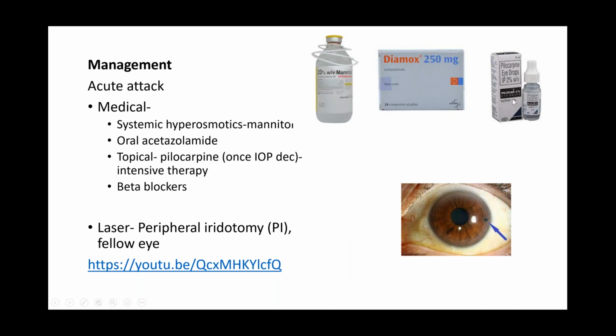Pilocarpine drops are instilled once the IOP decreases, because in a very high IOP, pilocarpine will not act on the ischemic sphincter. Intensive pilocarpine therapy, 1 drop every 15 to 30 minutes, is given for the pupil to constrict. Once the pupil constricts, it will pull the iris centrally and the angle will slightly open up compared to before.